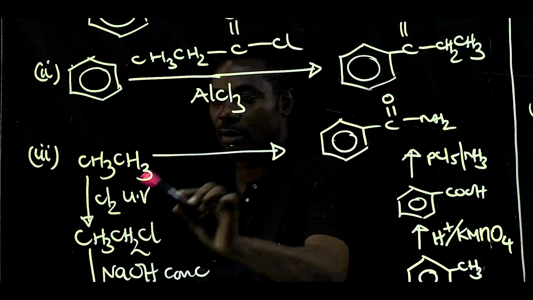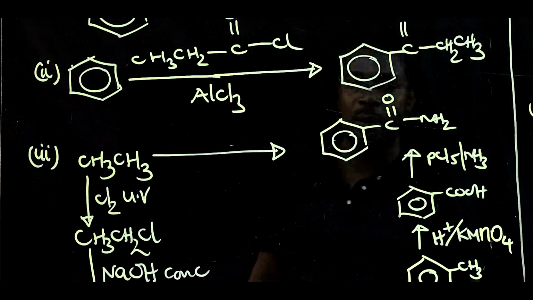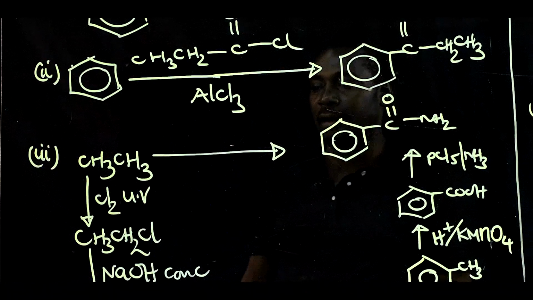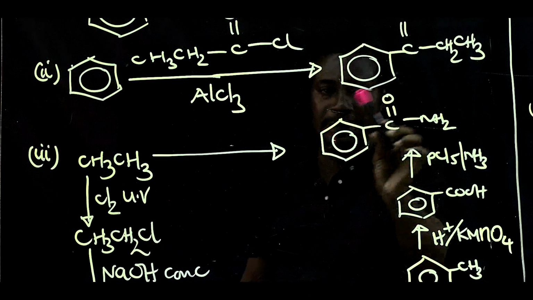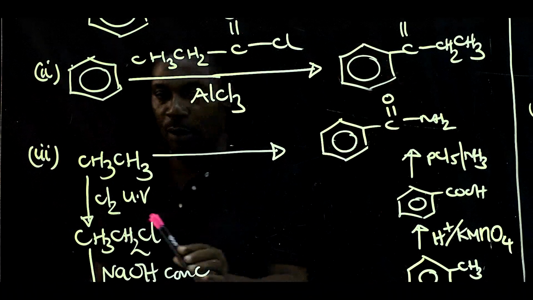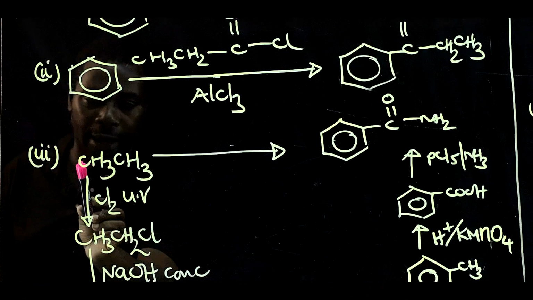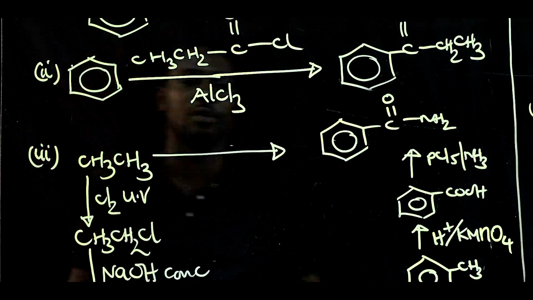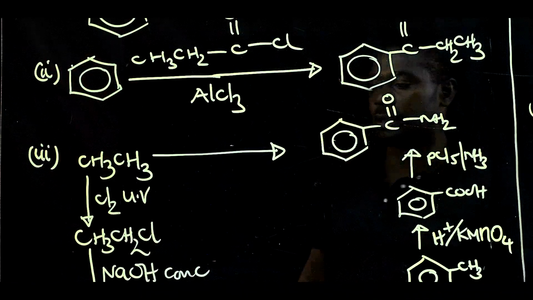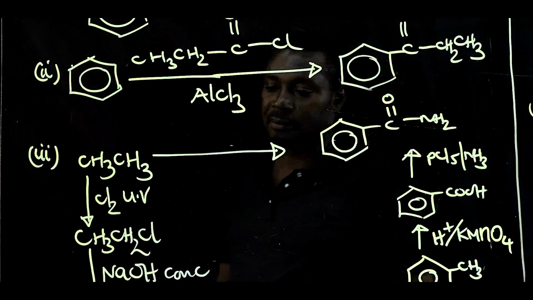So we are supposed to convert ethane into ethyne. Then ethyne can be used to produce a benzene ring. For example, here ethane is treated with chlorine in the presence of UV light, which results in formation of chloroethane.